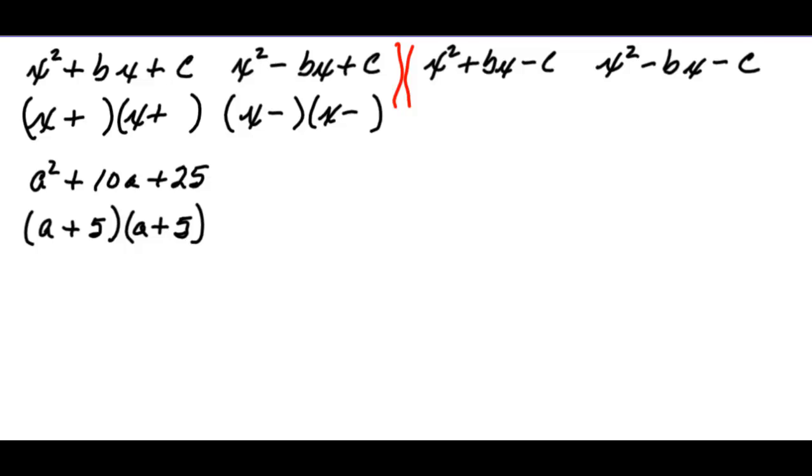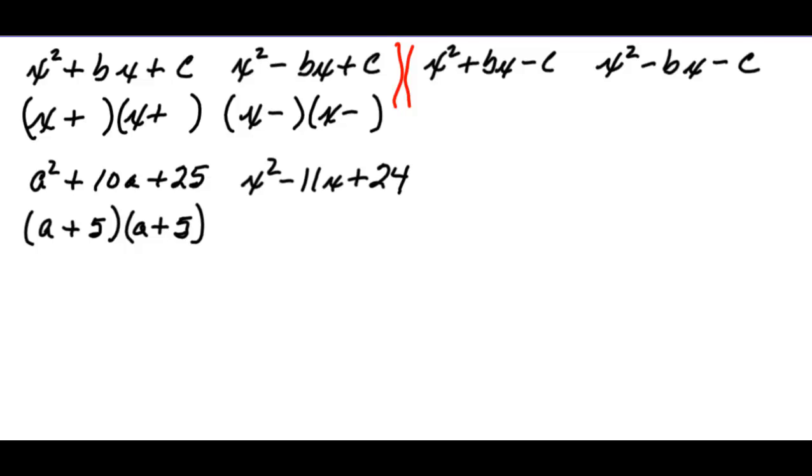But now let's take a look at the second pattern, where the middle term is a negative bx. All right, let's get an example of that. Let's take a look at problem number 12, where it says x squared minus 11x plus 24.